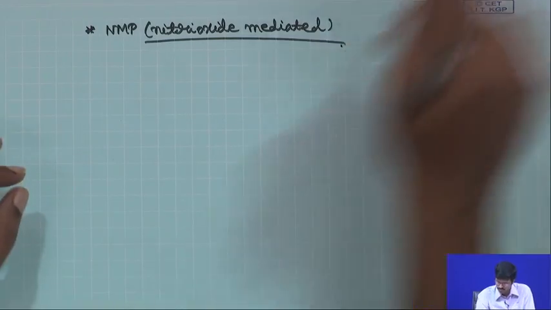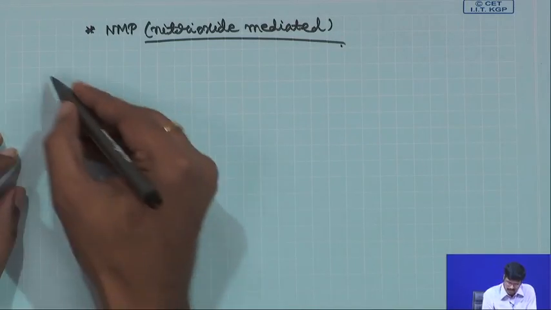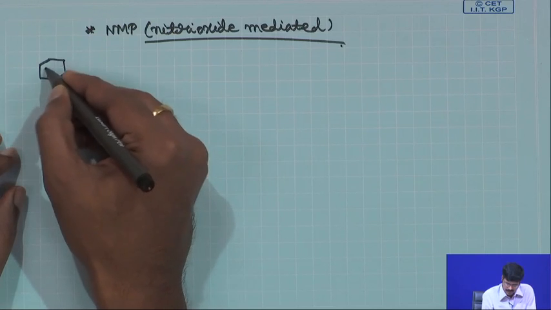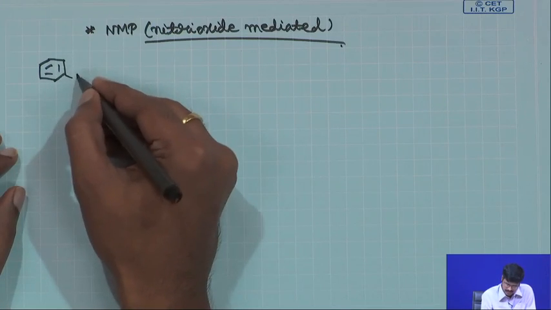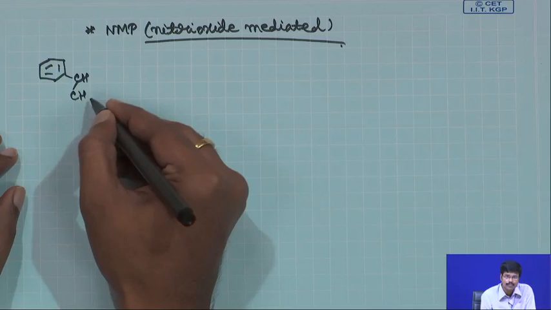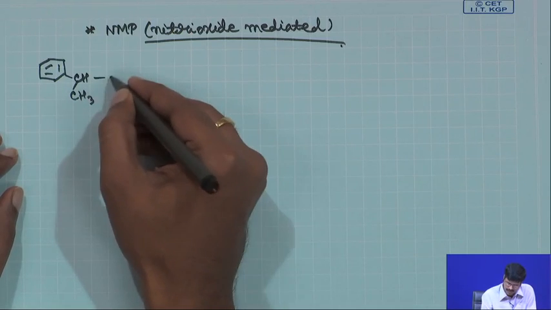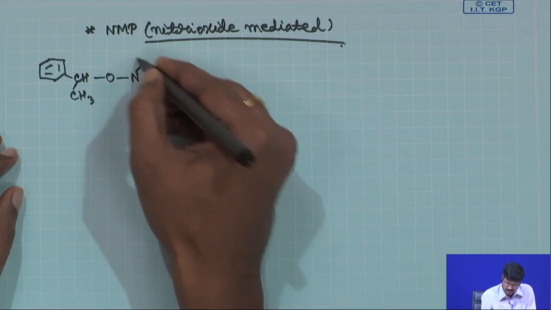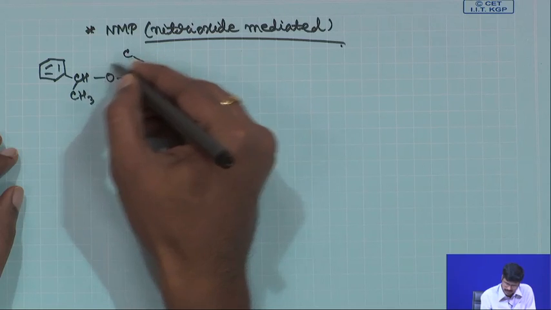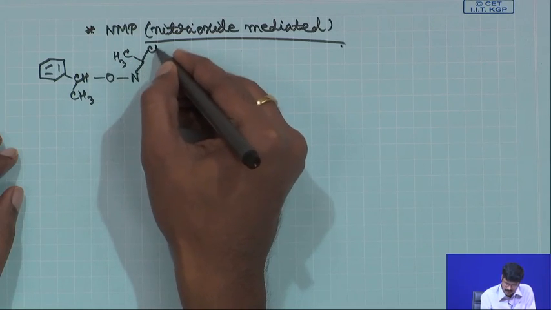An example should do. So, basically you can start with this particular molecule, CH3 and then oxygen, nitrogen, CH3.